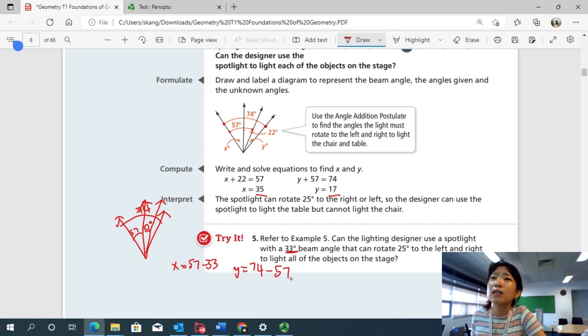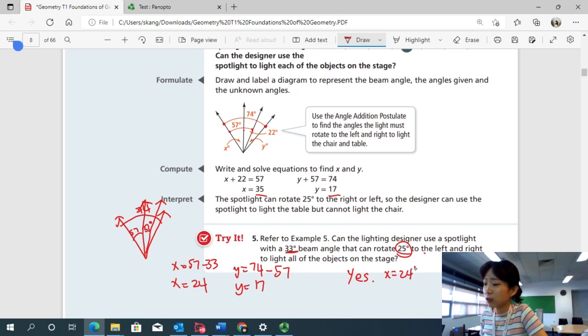Wait, and that doesn't change, right? Yeah, so x is gonna be different. X is gonna be 24 now, and y is gonna be 17, but they're both less than 25 degrees. So we can say yes.